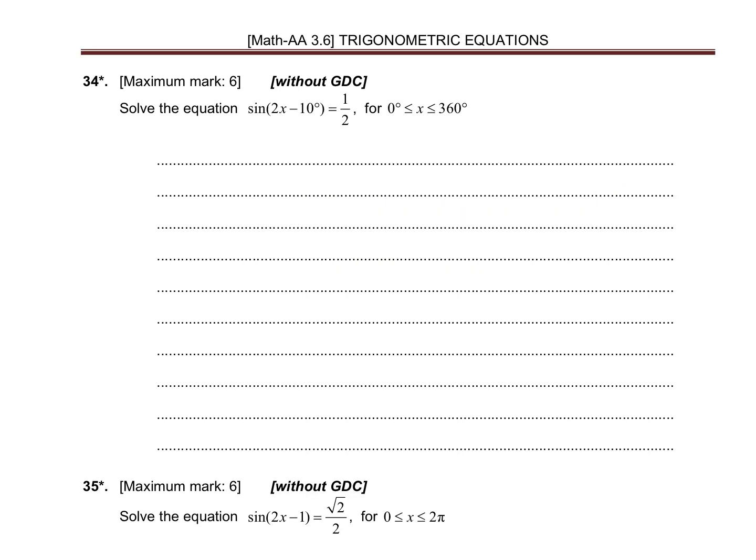So this one, we have to change the domain because it's 2x minus 10. So if we multiply by 2, and then we subtract 10, 720 minus 10 is 710. Okay, so 1/2, we already know that's happening at 30 degrees.